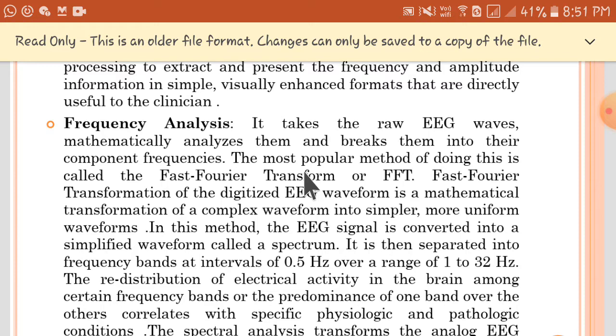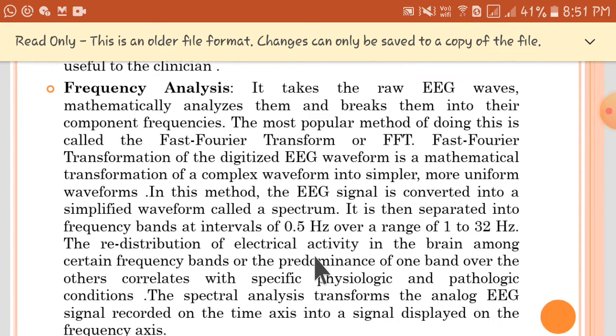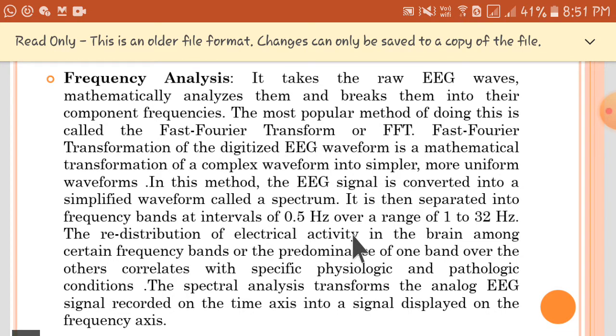The FFT of the digitized EEG waveform is a mathematical transformation of the complex waveform into simpler, more uniform waveforms. These simplified waveforms are known as the spectrum.